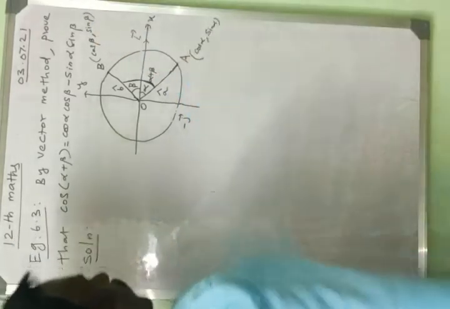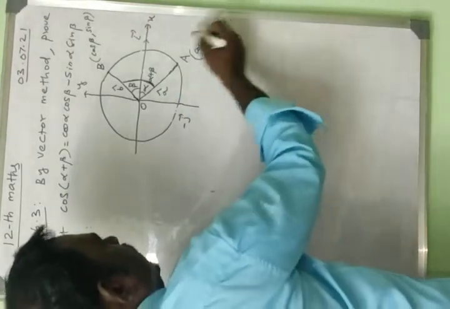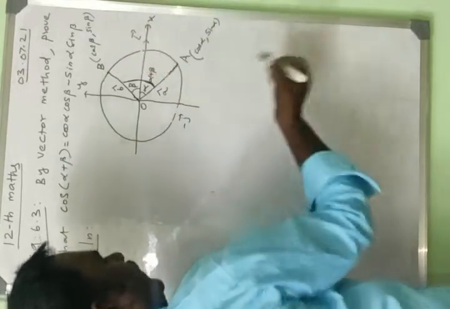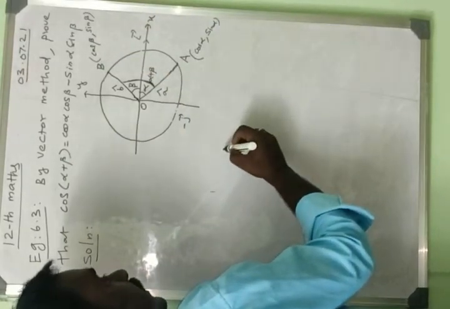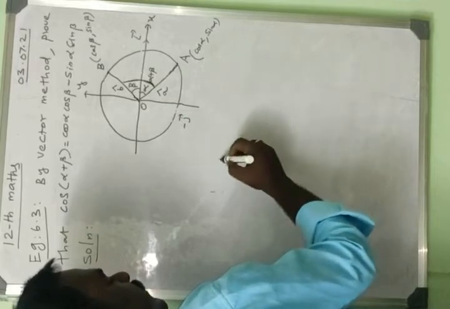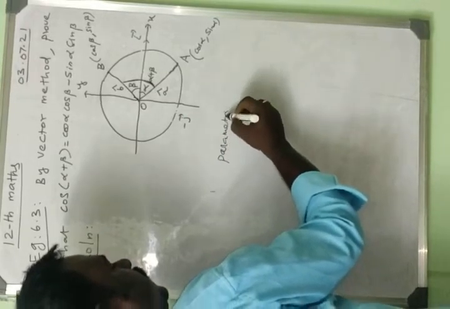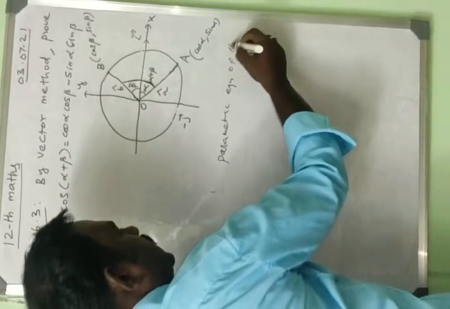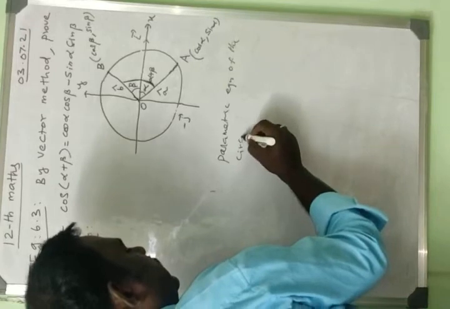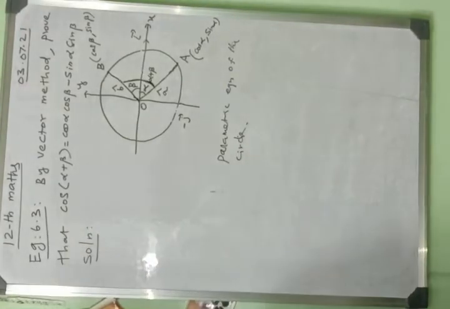Why we marked cos alpha, sin alpha and cos beta, sin beta: already studied in the 5th chapter, the parametric equation of the circle.